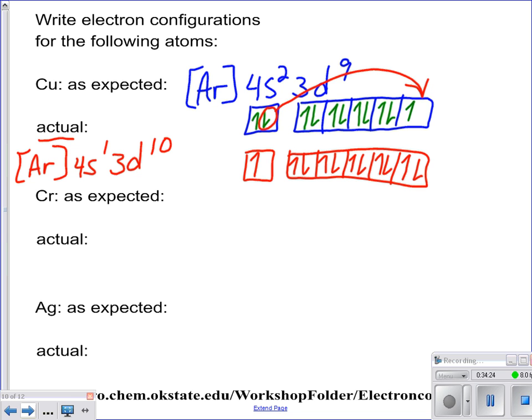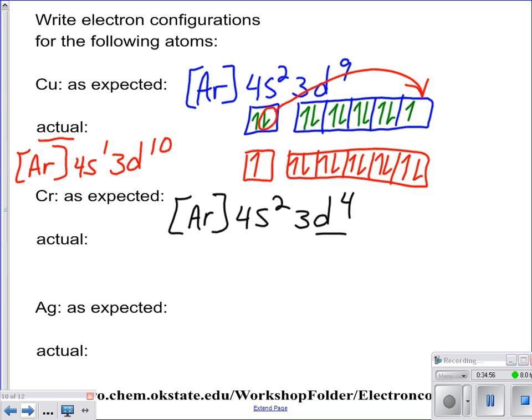We could do a very similar thing for chromium, and if you look at chromium, it's number 24. I'm not going to draw my orbital spin diagrams on this, we're just going to do the electron configuration. So we would see that we've got argon, and then 4s2, 3d4. That's what you might expect. But then you take a closer look and you notice, aha, this is just partially filled.